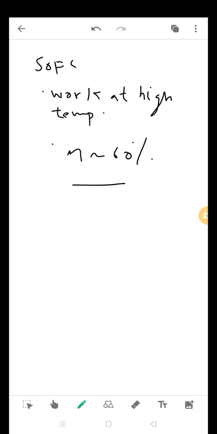Another type of fuel cell is called the metal air fuel cell, or MAFC.